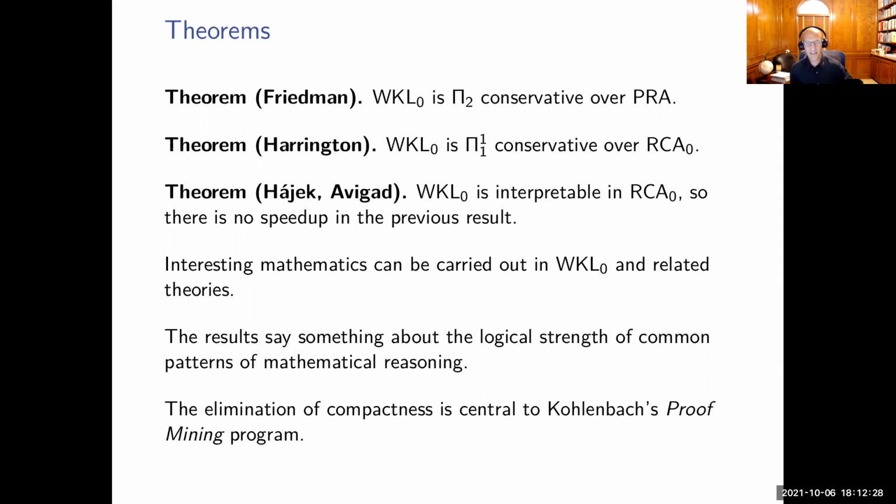And so, the fact that you can reduce them to primitive recursive arithmetic seems to tell us something interesting about the logical strength of common patterns of mathematical reasoning, in ordinary branches of mathematics. Also, the fact that you can eliminate compactness and in some cases, in fact, extract primitive recursive functions is fundamental and central to Kohlenbach's proof mining program, which aims to do this to mathematical arguments in concrete cases.